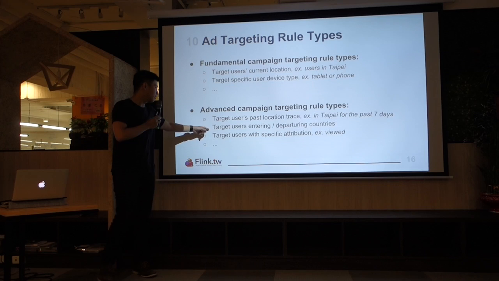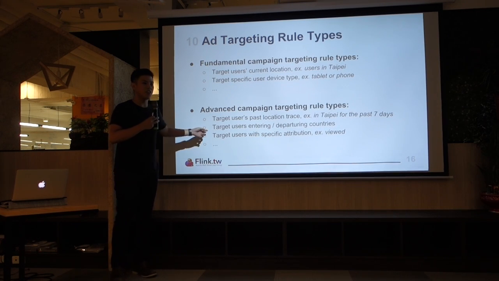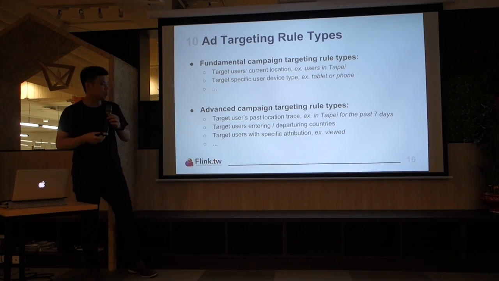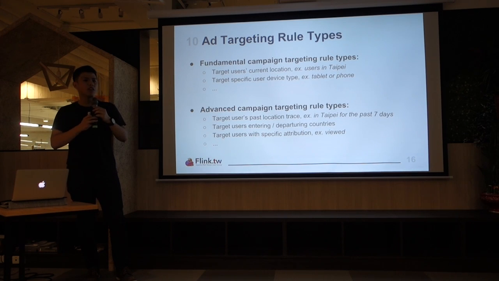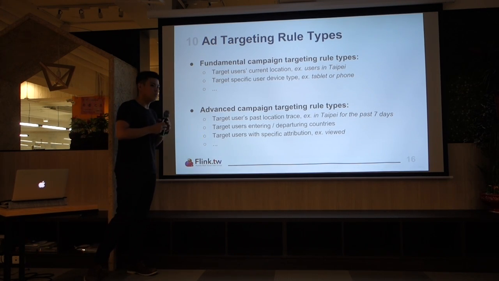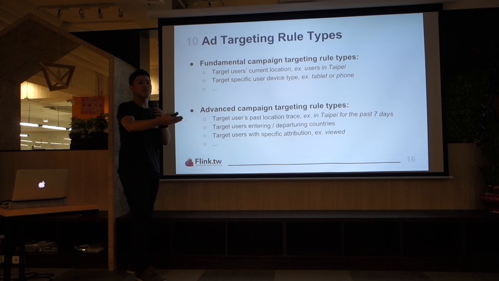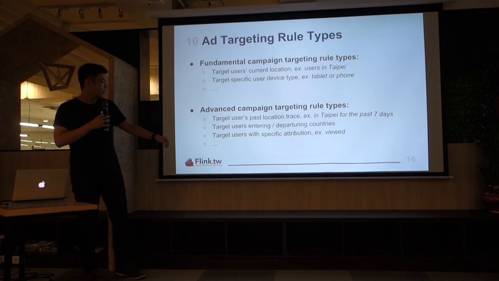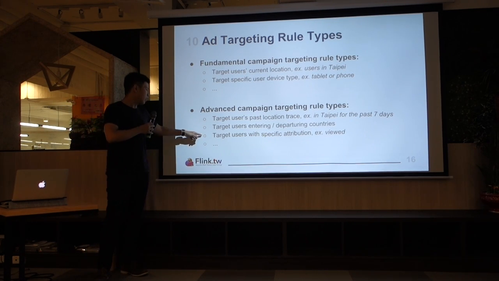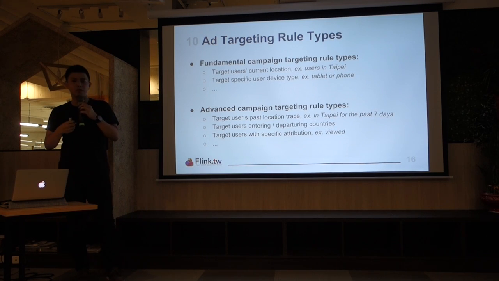This is actually a very commonly used targeting schema because, for example, if you are a company who wants to sell your souvenirs, then you want to target people who are leaving the country, maybe back to their home.